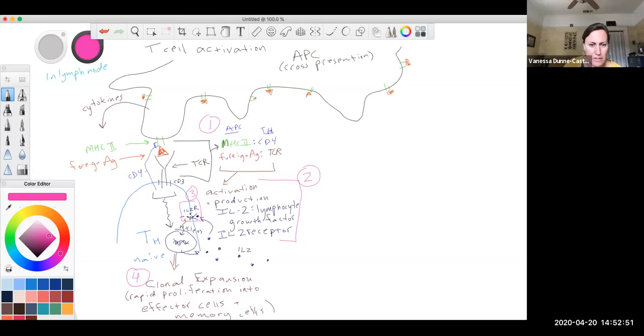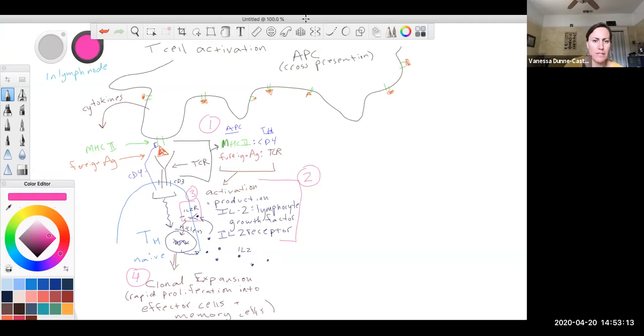And the engagement of those two together again leads to another trigger event that can change everything in this T helper cell and leads to rapid expansion of this one particular cell, replication into clones that are either effector cells, which go and do something, or memory cells, which hang out for a long period of time.